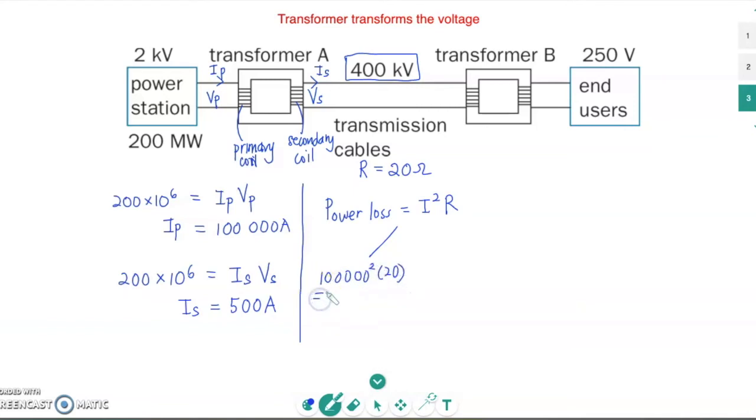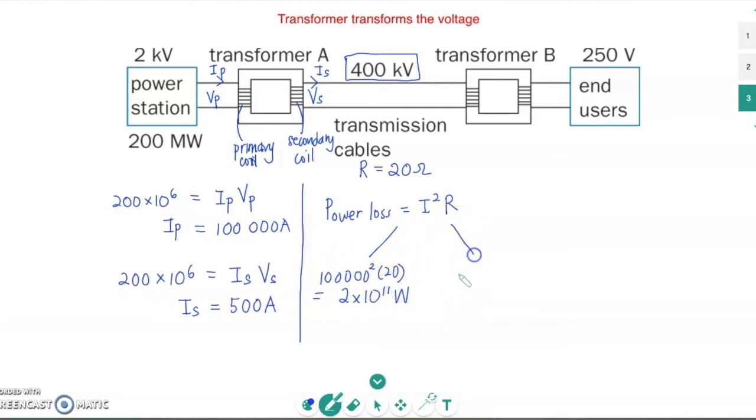You press the calculator, and it's a really large number: 2 times 10 to the power 11 watts. That's tremendously large, right?